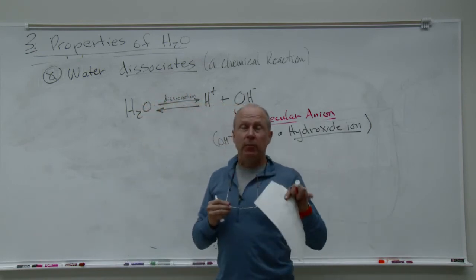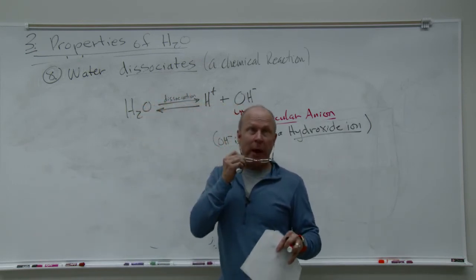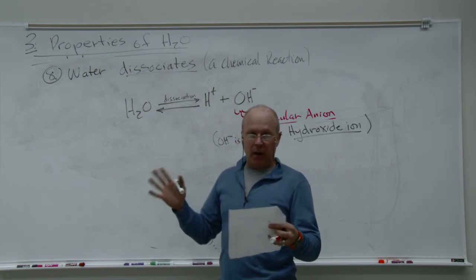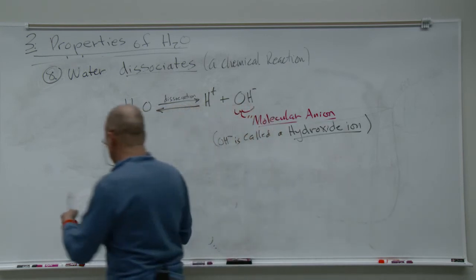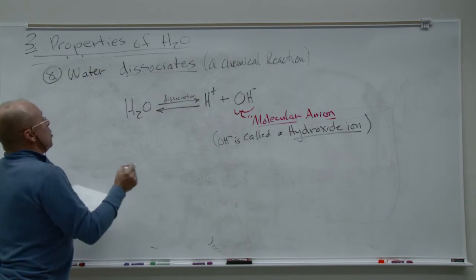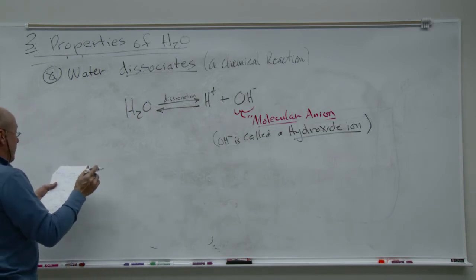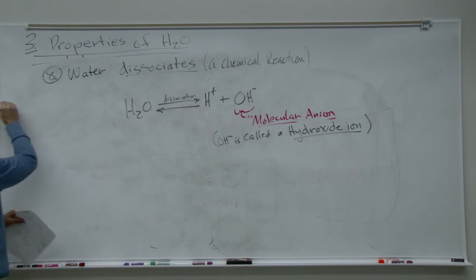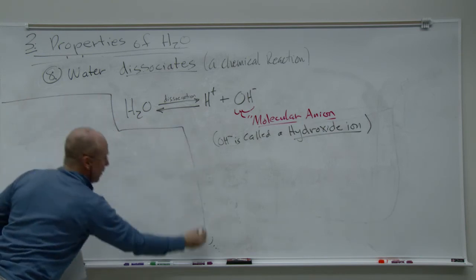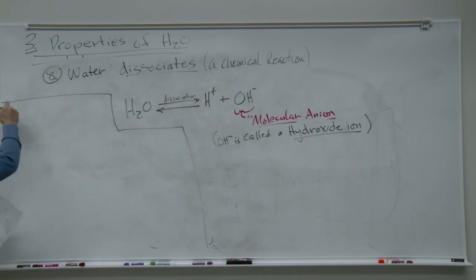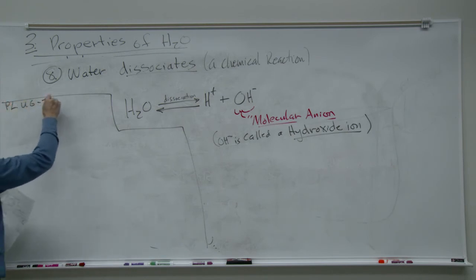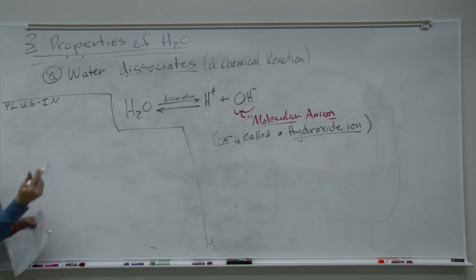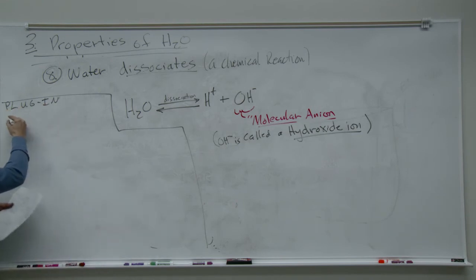Now I'm going to throw some really, really heavy chemistry at you right now to kind of get a concept of what these numbers are. First off, I'm going to put it in a box over here, kind of like an insert, a plug-in, if you will. And this plug-in has to do in chemistry with the concept of mole.